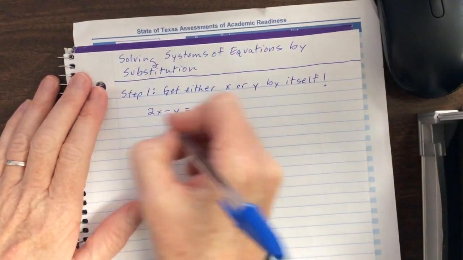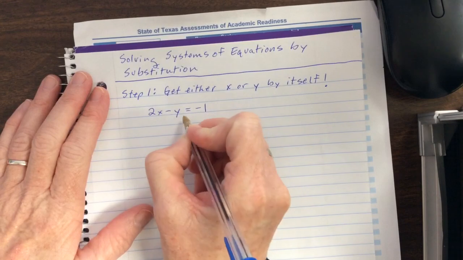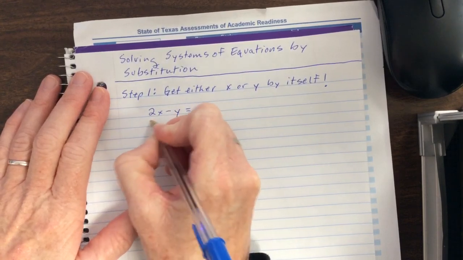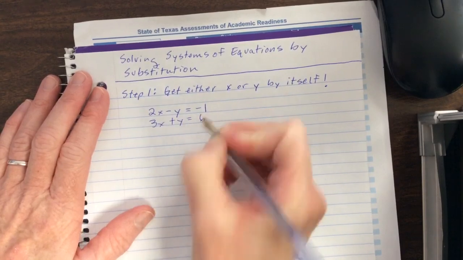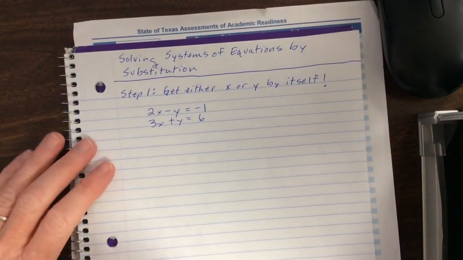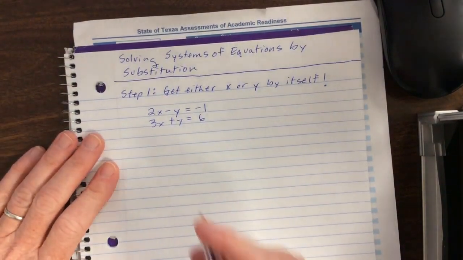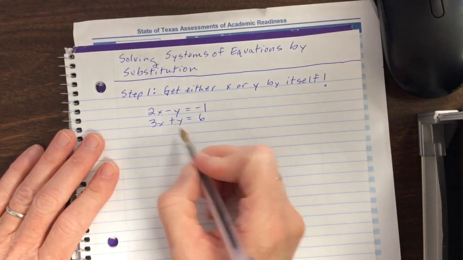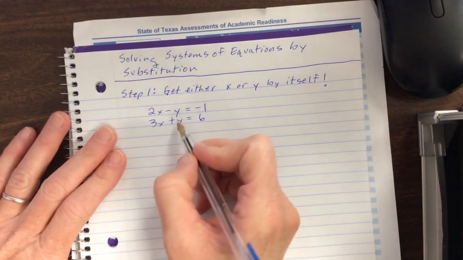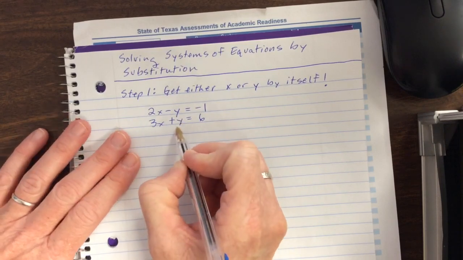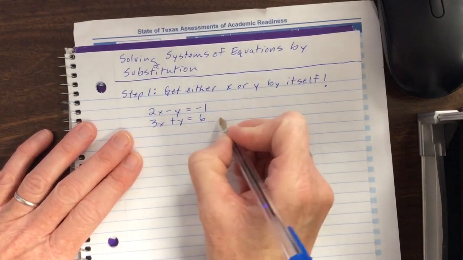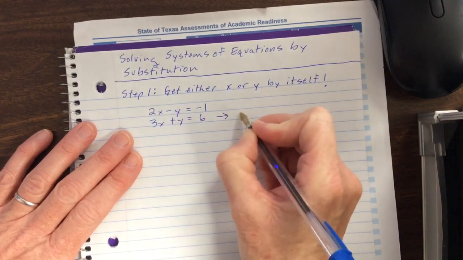Sorry about that. So we have 2x minus y equals -1, and then we have 3x plus y equals 6. So we want to get x or y by itself. So I'm going to use this equation because to get y by itself, it would be easy to do that by doing this.